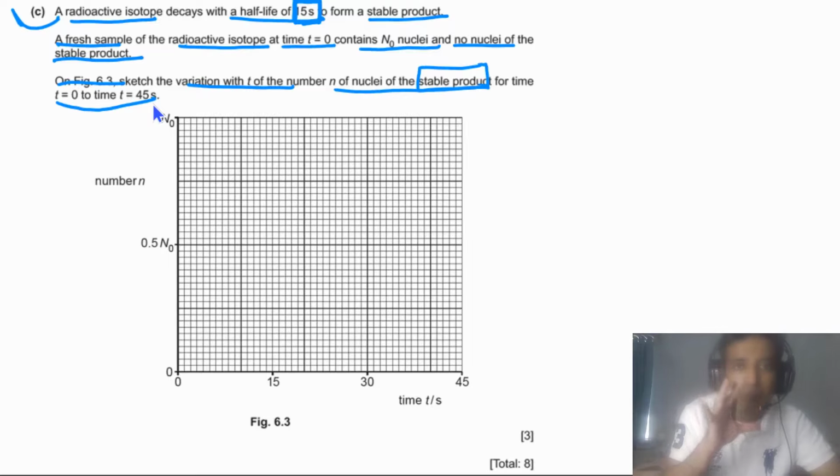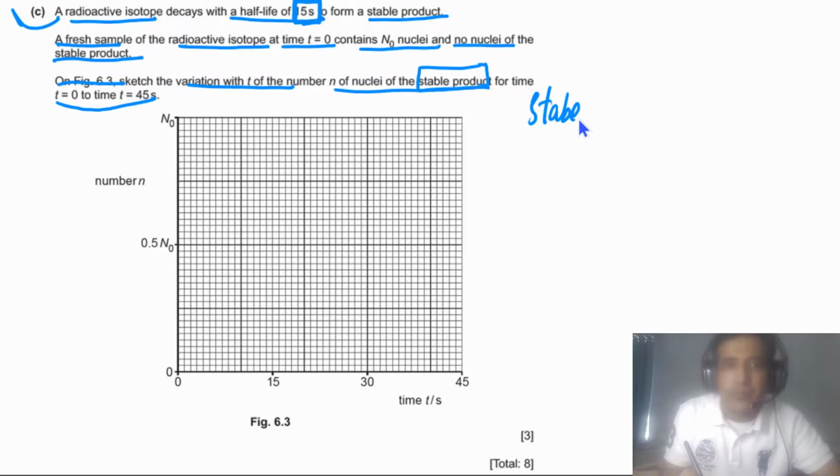It means we have 3 half-lives. We are talking about the stable product, which initially has no nuclei, so initially n is equal to 0.